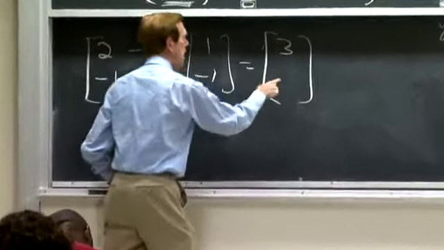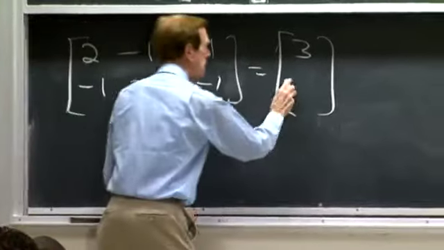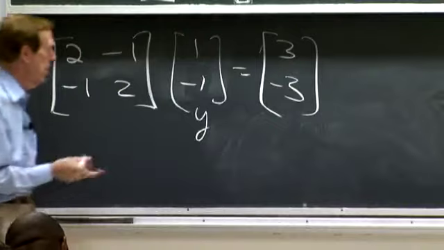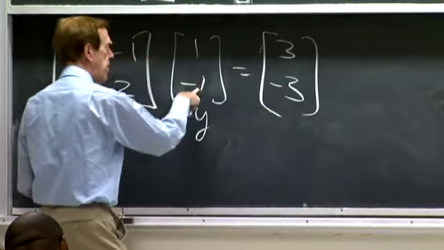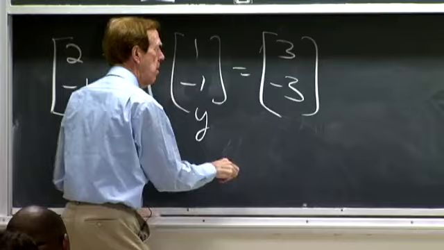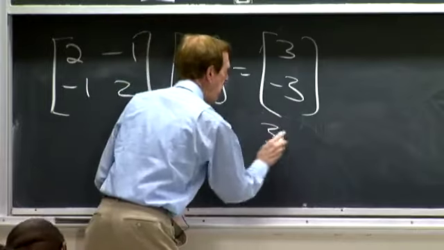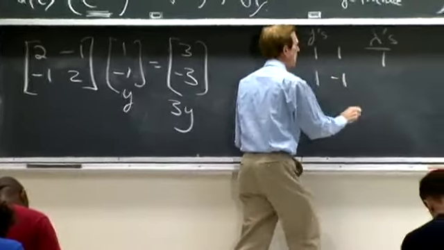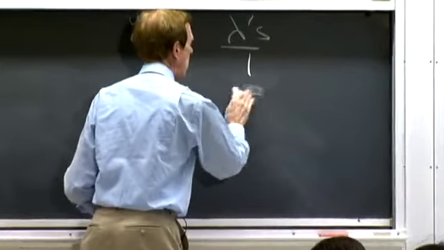I get 3 and minus 3. So have we got an eigenvector? Yep. If this was y, what is this vector? 3y. So the other eigenvector is 1, -1, and the other eigenvalue is 3.